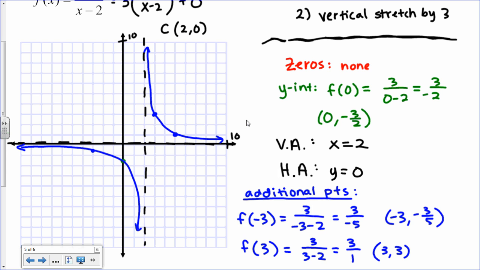All right. So now we're going to have one in standard form, and I'm going to show you how to rewrite it so it's in shifted form.